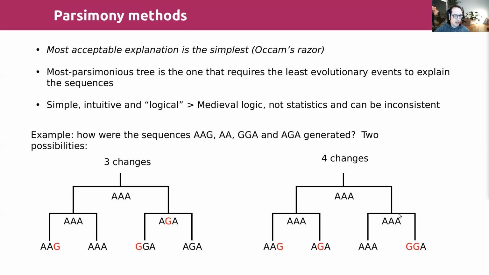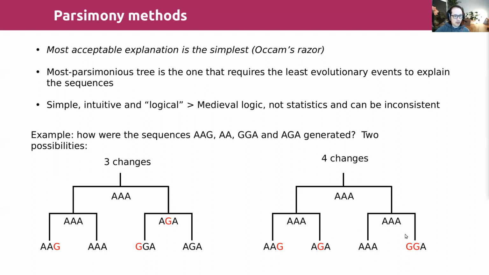In contrast, we could have a situation where AAA changes twice. We get two mutations to reach GGA directly from AAA, and then separately get AGA through a different event, AAA turning into AGA, and these two events having nothing to do with each other. This is, of course, possible, or plausible.